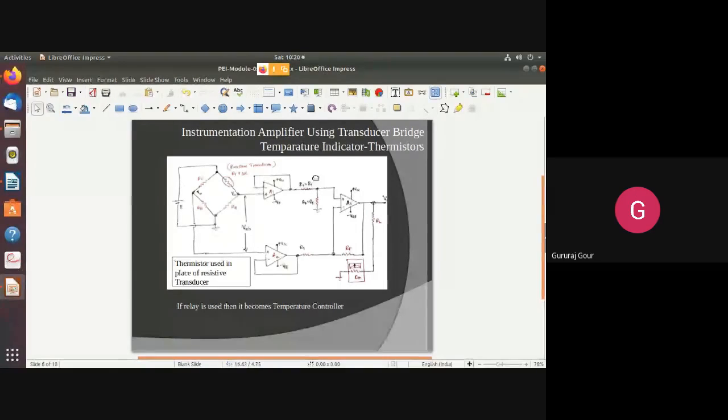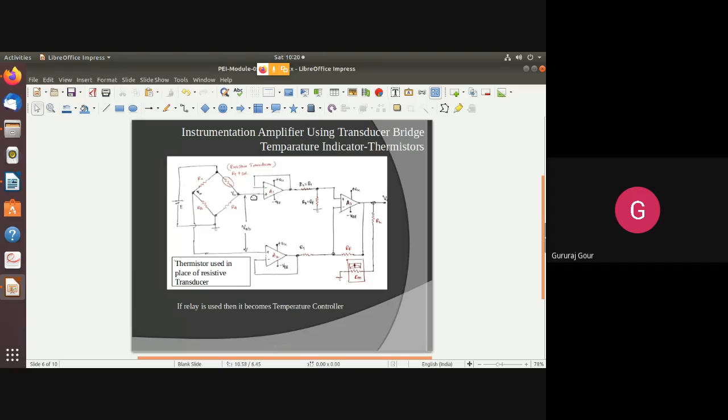Next part we can explain. So the second part, as instrumentation amplifier only you have to explain. It consists of 3 op-amps. The first 2 op-amps, A1 and A2, are acting like non-inverting amplifiers.